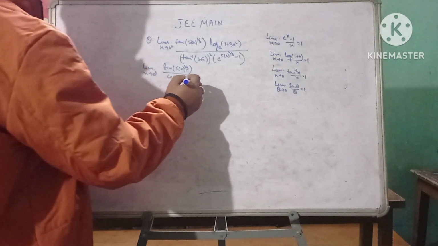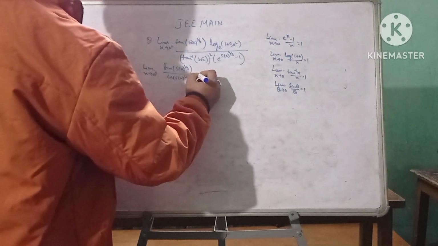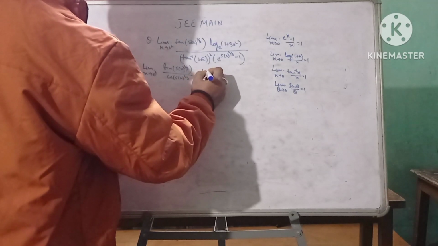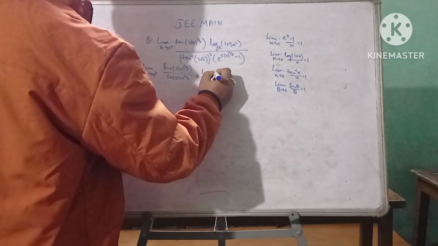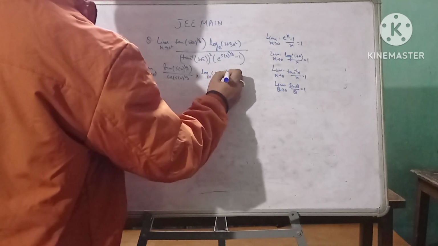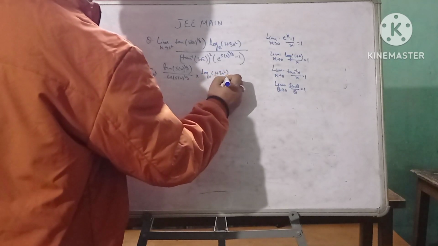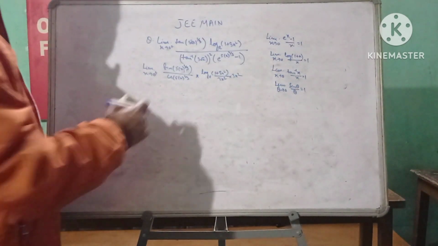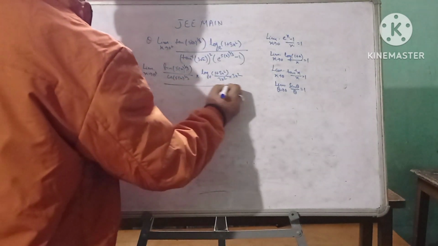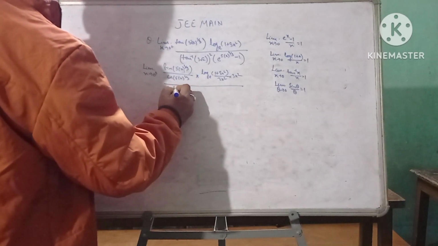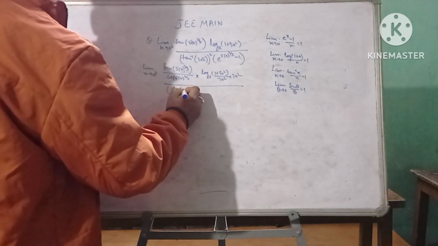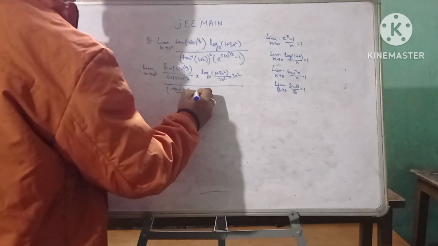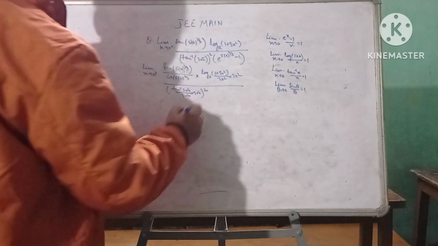And now again, here you see this is log e (1 plus 3x square) by 3x square into 3x square. And here again, that is tan inverse 3 root x by 3 root x into 3 root x the whole square.